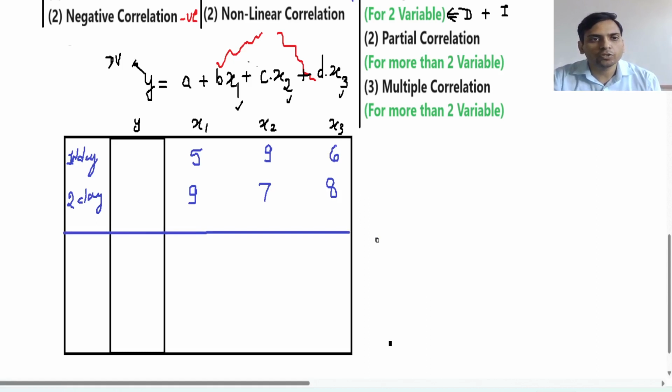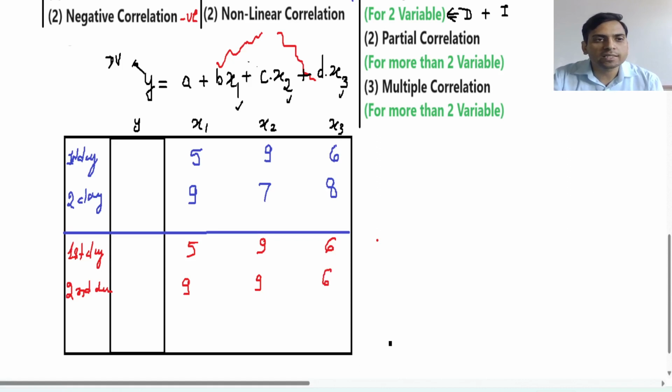Another scenario, on first day, you are producing 5 bed sheets, 9 blankets, and 6 shooting shirtings. And on second day, you are manufacturing 9 units of bed sheets and 9 units of blankets and 6 units of shooting shirting.